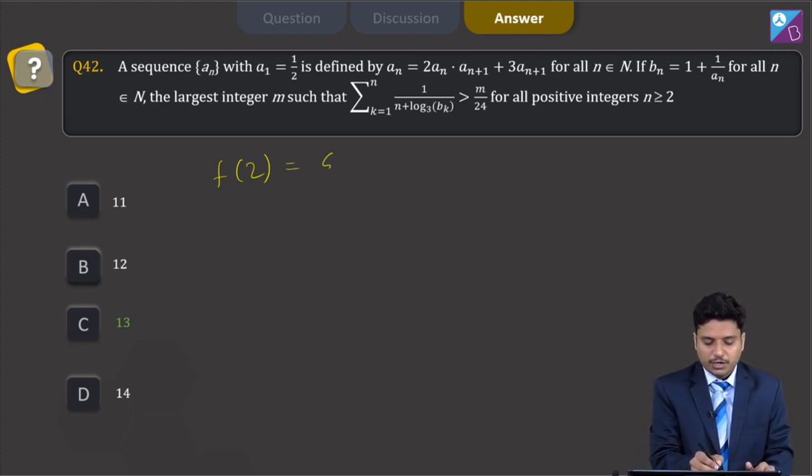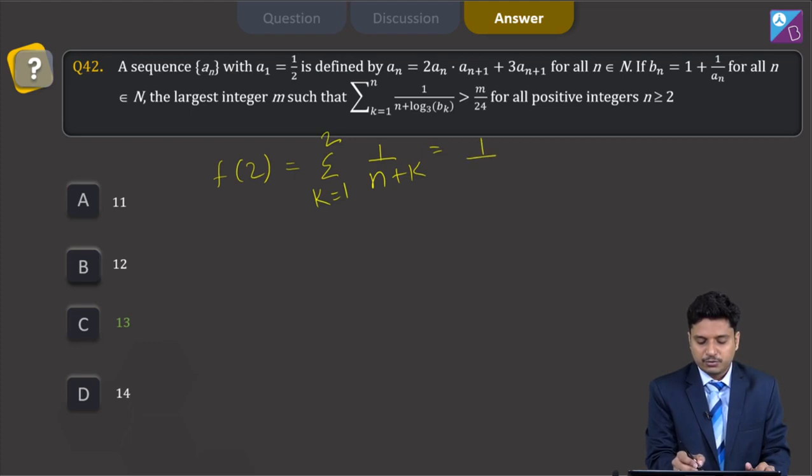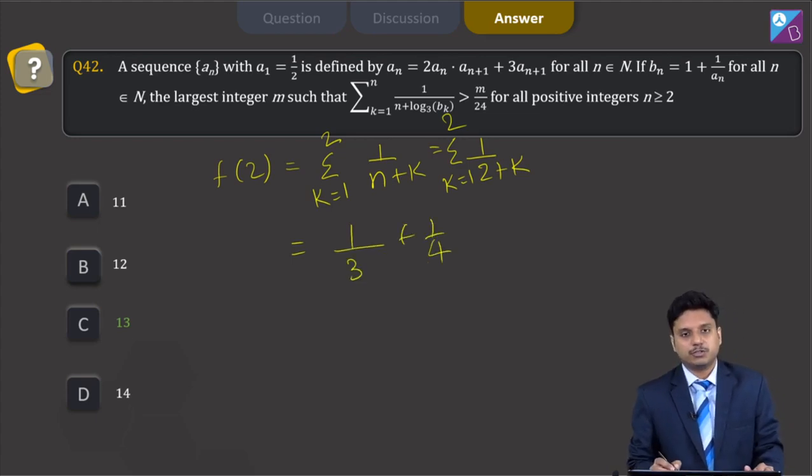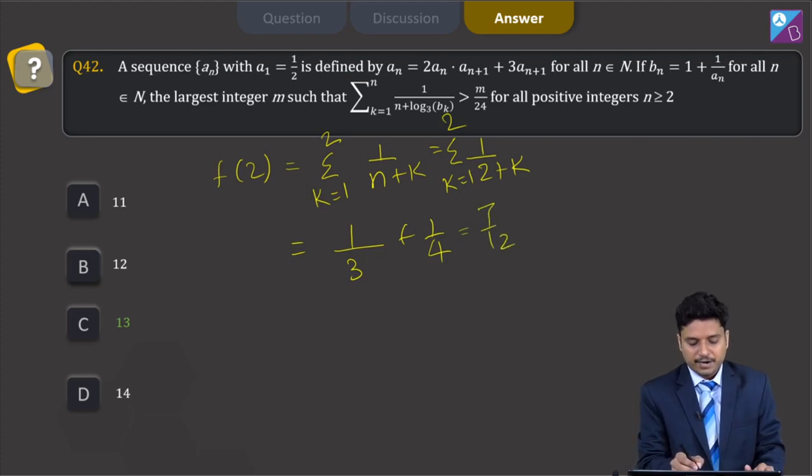So what is f(2)? It is the sum of 1 upon n plus k, with k varying from 1 to 2. Putting n equal to 2, this will be 1 upon 2 plus k, with k equal to 1 to 2. What will be its value? 1 upon 3 plus 1 upon 4, which is equal to 7 by 12. So 7 by 12 is that minimum value, and it must be greater than m by 24.